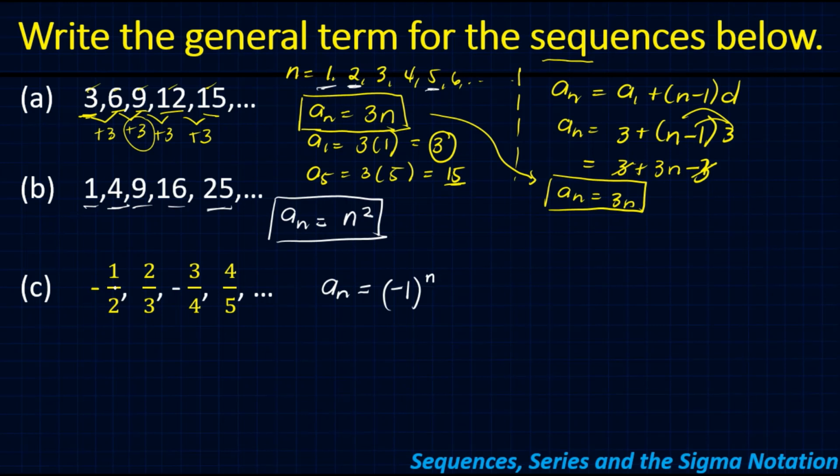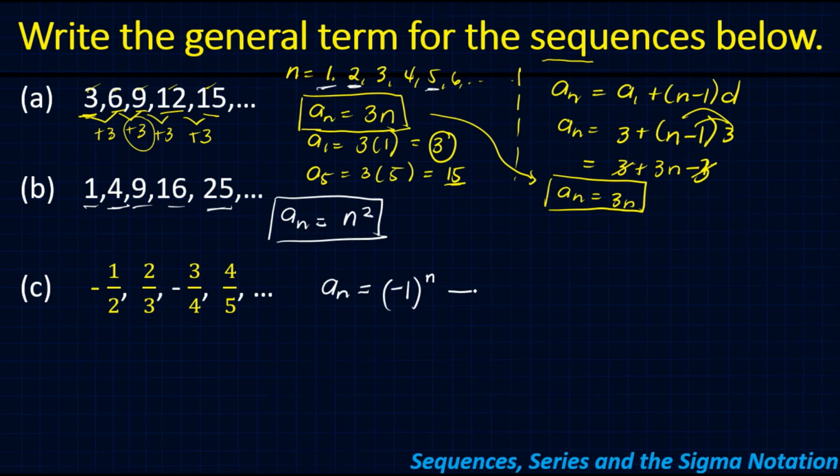So, halimbawa, kung ang first term mo is positive, pagdating dito sa exponent ng negative 1, maglalagay ka dyan ng plus 1. Okay? Plus 1. It is because when we try for the first term, if you have negative 1 raised to 1, magiging negative 1 ang sagot.